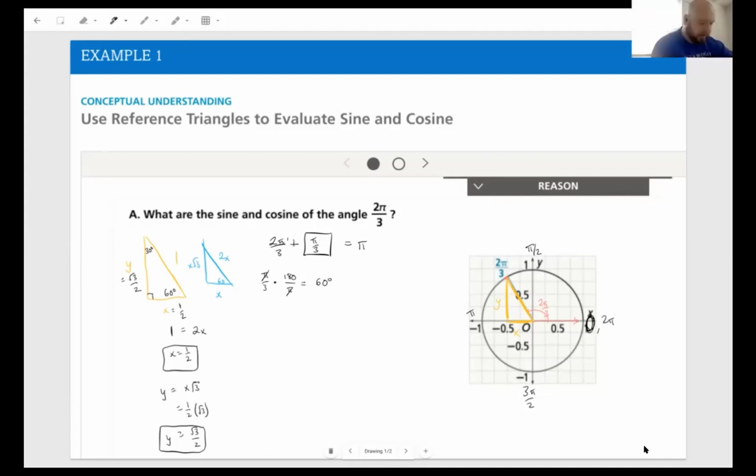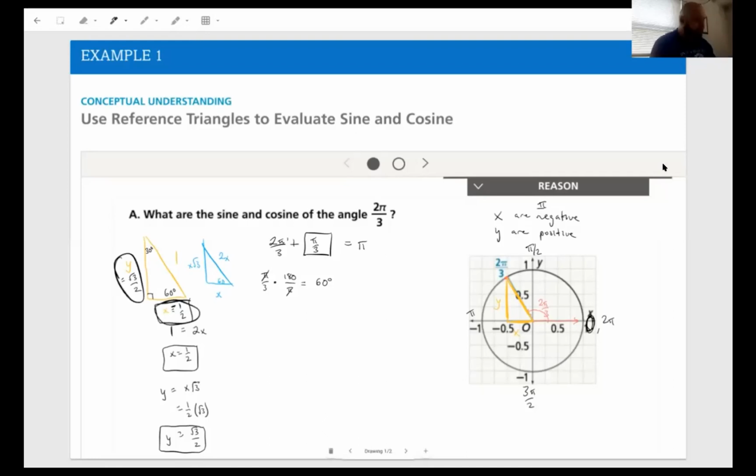And anytime you're in quadrant 2, your x values are negative, and your y values are positive. And this is for quadrant 2. So when I got 1/2, I should have actually put negative 1/2. And my y value is positive, it stays positive.